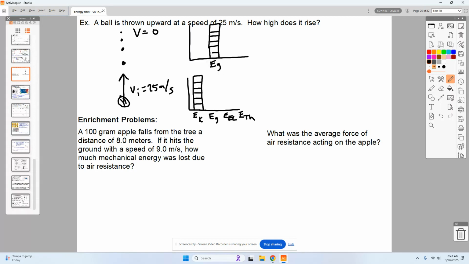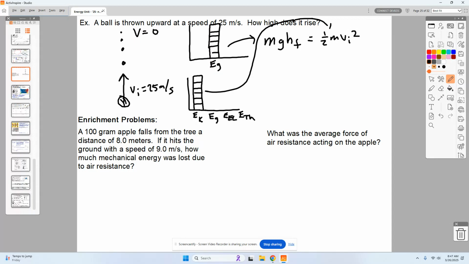And just like we did before, it's like the reverse of the egg drop project. mgh final should be equal to 1/2 mv initial squared. So the final gravitational energy should be equal to the initial kinetic energy.